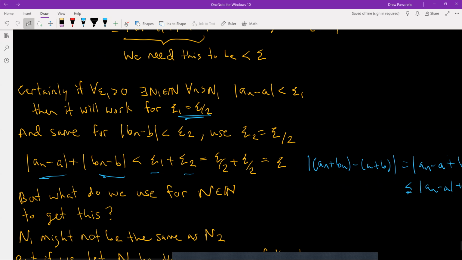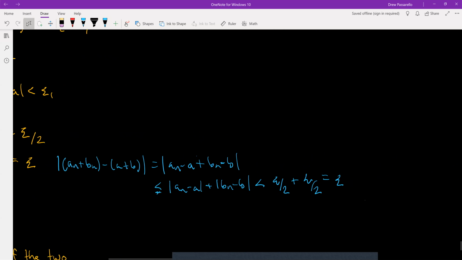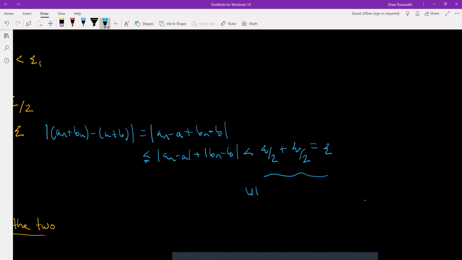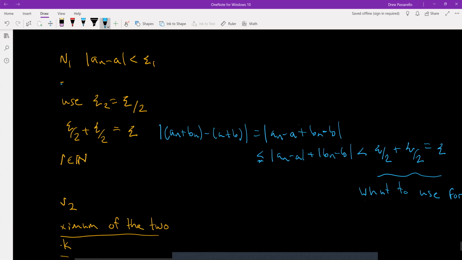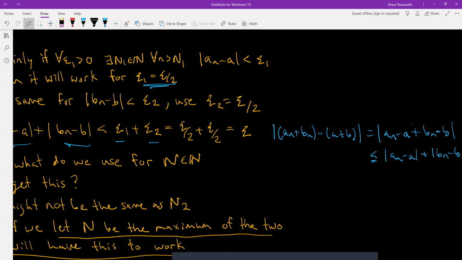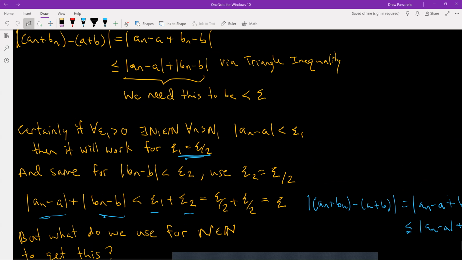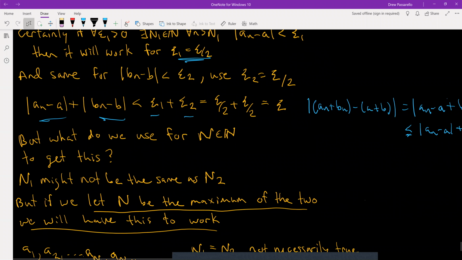Now the question is, how do I choose the corresponding capital N so that I get this result? So what do we use for N? Because we were using two different values of N for the convergence of those two sequences, a_n and b_n, and those two values for N are labeled N1 and N2.